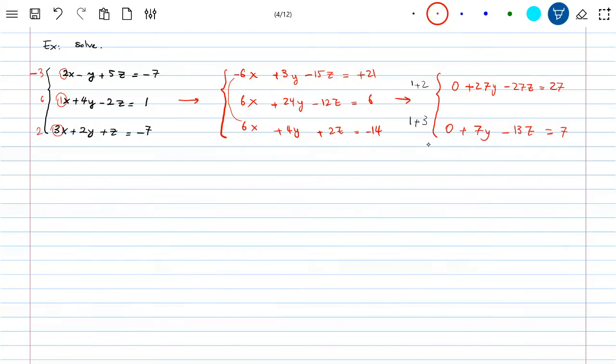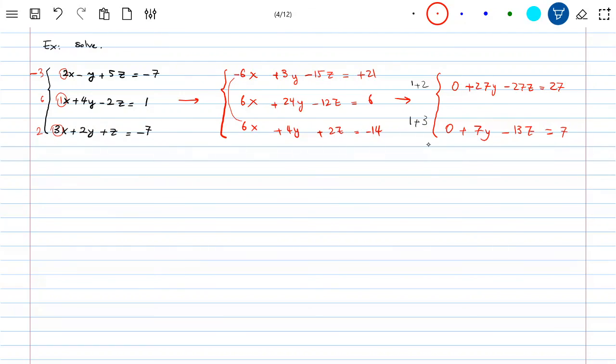Yes. Adding equations 1 and 2, 27y minus 27z equals 27. Equations 1 and 3 will give us 0, 7y, negative 13z, and 7 as well. Okay, that looks correct.